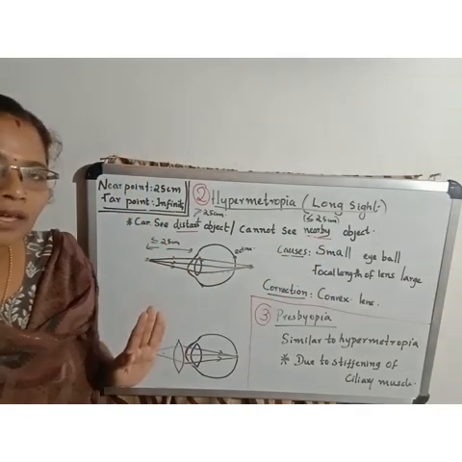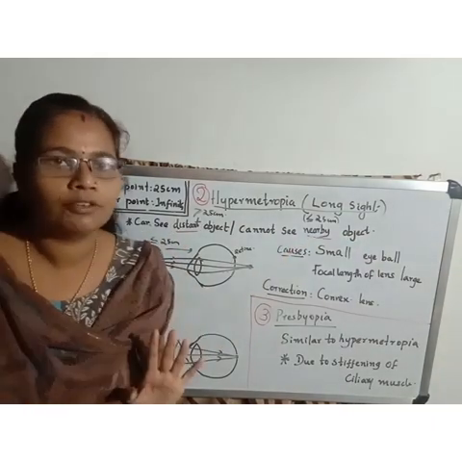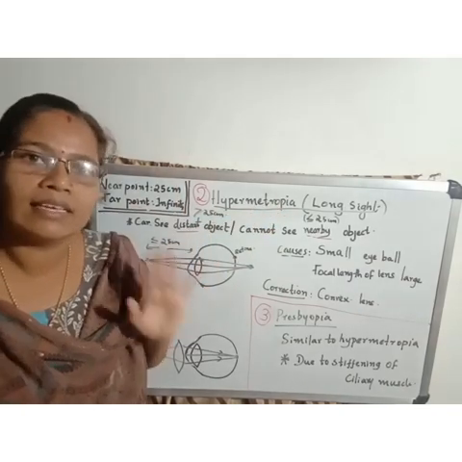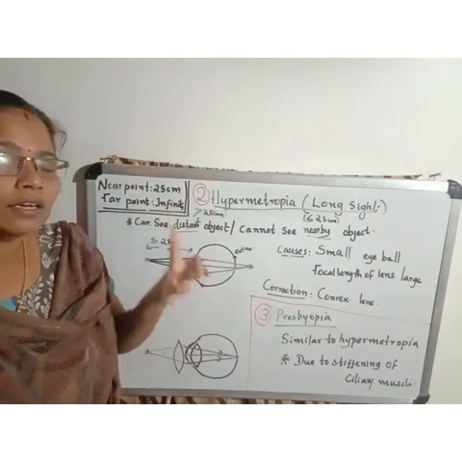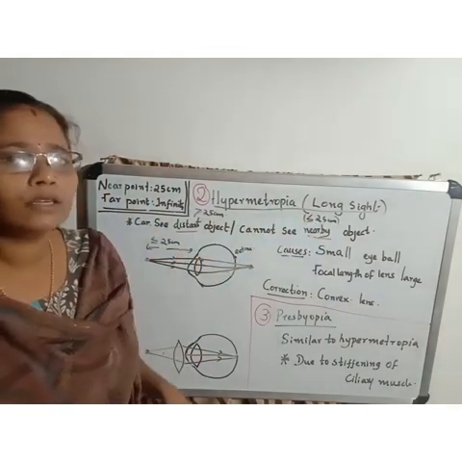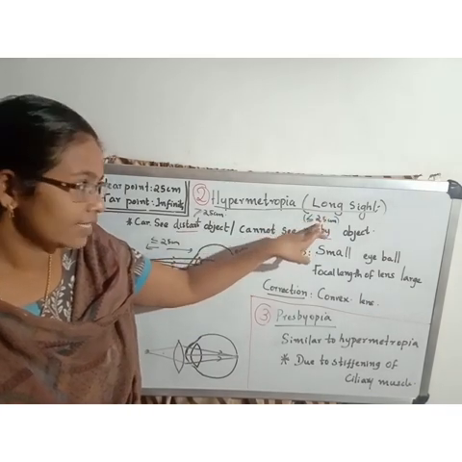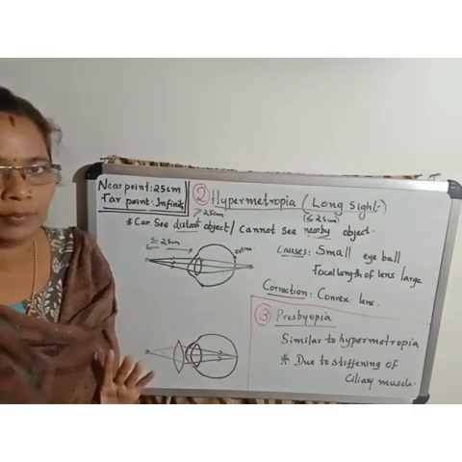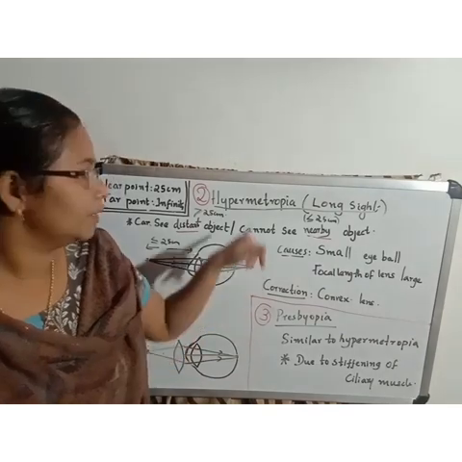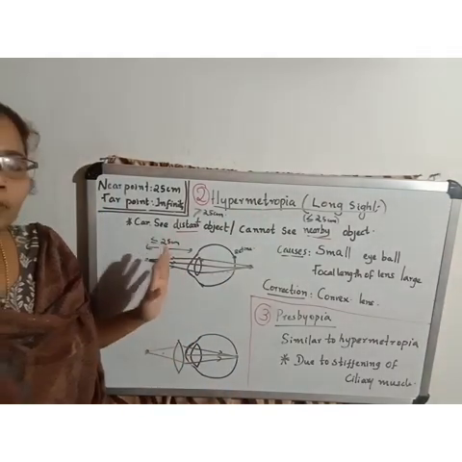If you are keeping an object at a distance greater than 25 centimeter, it's not a problem for a hypermetropic eye. He can see it clearly. Only if you are keeping the object at a distance less than or equal to 25 centimeter will a hypermetropic person be unable to see it.